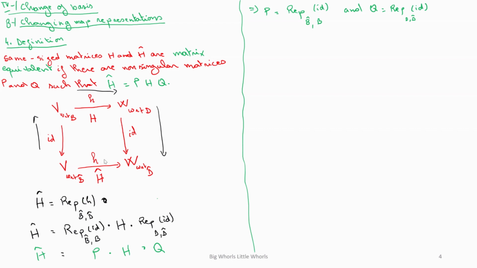So if you are asked to find H hat such that H and H hat are matrix equivalent, you just have to remember this diagram and find those P and Q, which are the representations of the identity maps. Okay, so let's continue. Number 5, corollary.